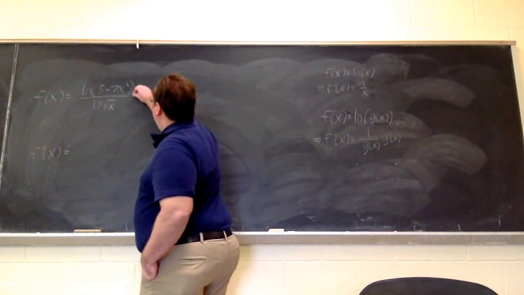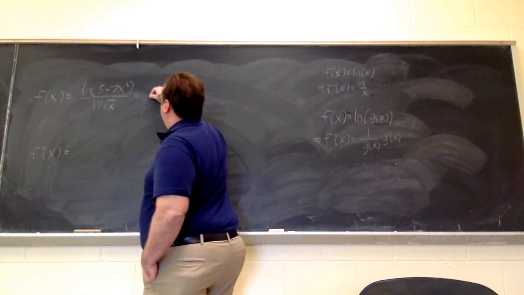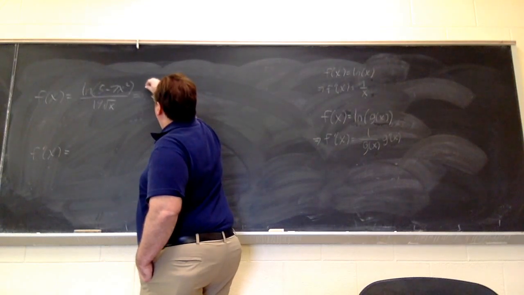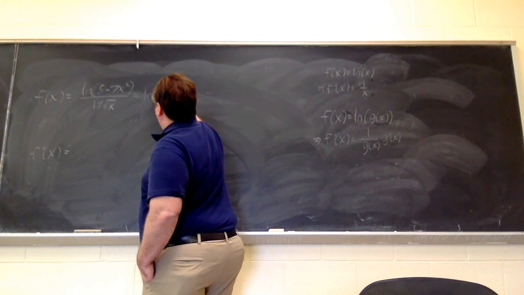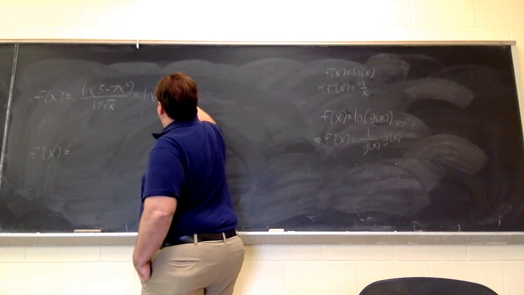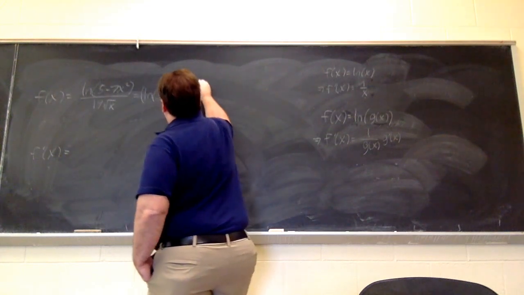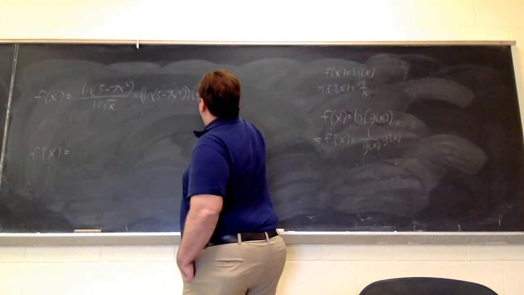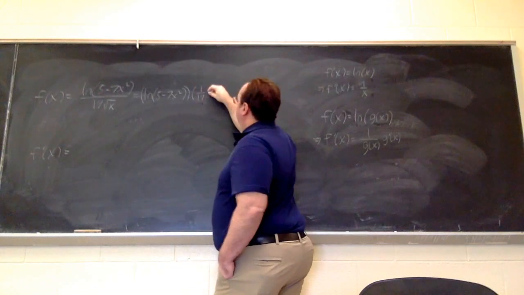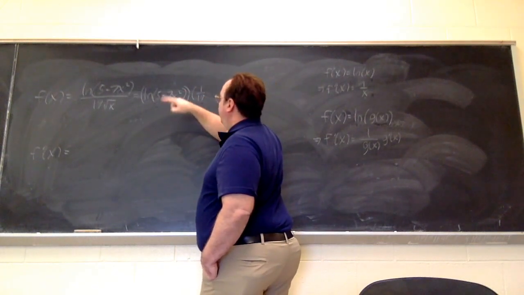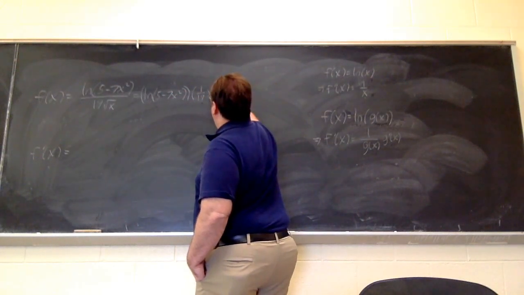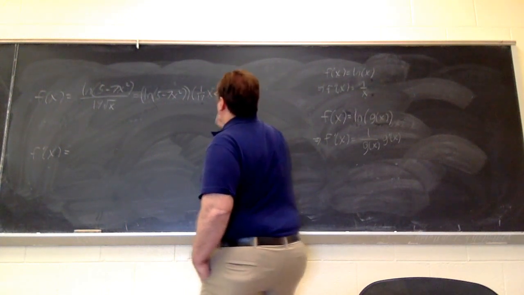So I'm going to write this as natural log of 5 minus 7x squared times 1/19, so the 19 is still in the denominator, and square root of x in the denominator is going to be x to the minus 1/2.